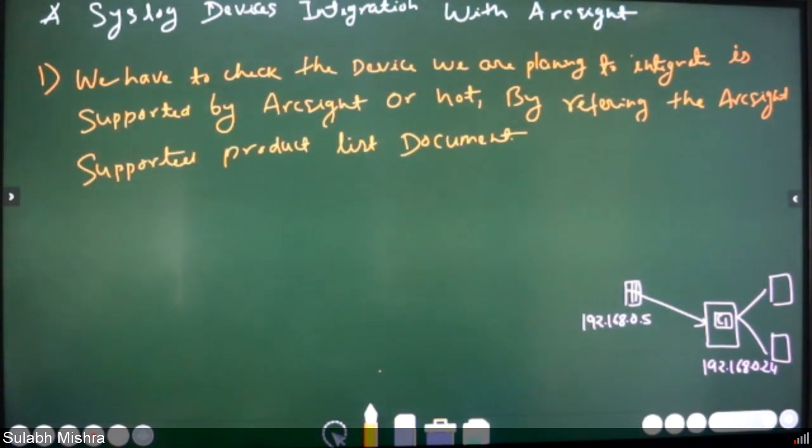Keep in mind, Arcsight ensures that as soon as any enterprise-level tool comes and becomes popular in the enterprise, they will create the smart connector for it. You have an option: if some devices are very popular at the enterprise level and are not supported by Arcsight, you can raise an FR request, that is called a feature request.